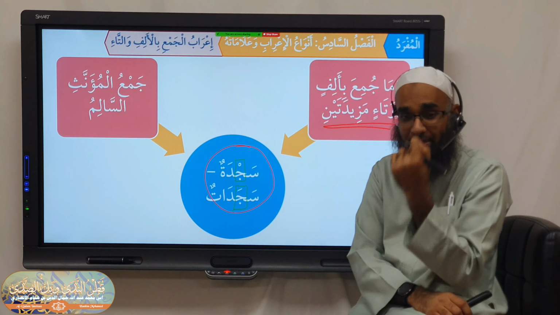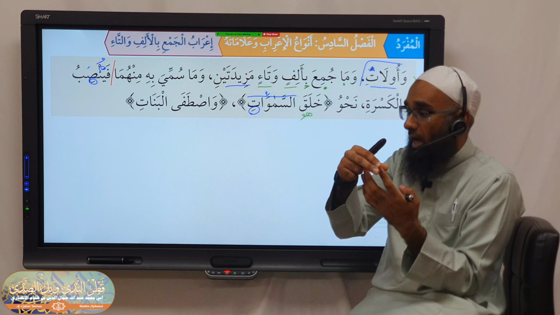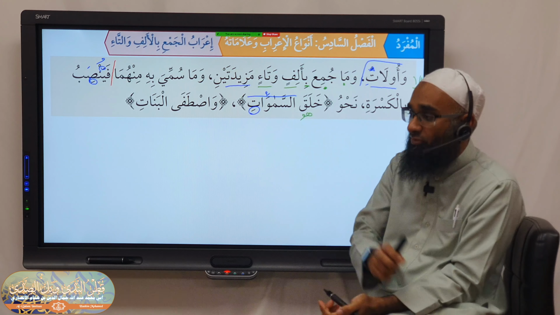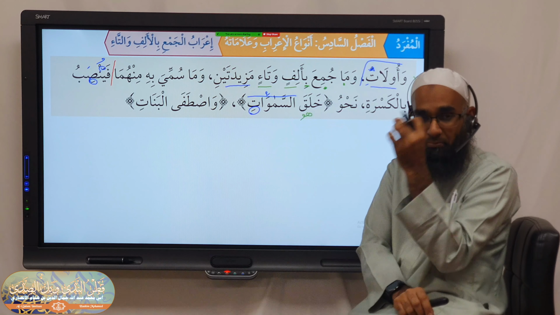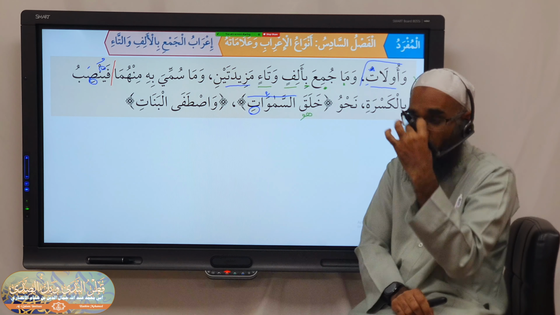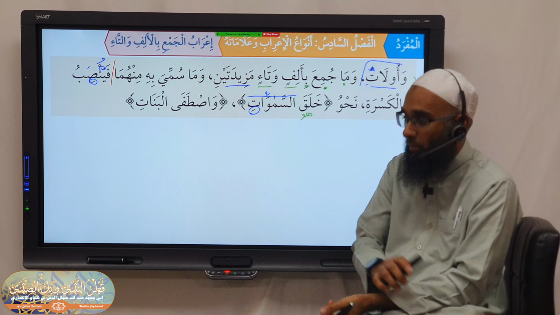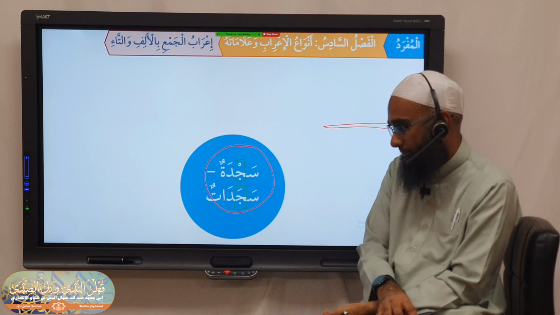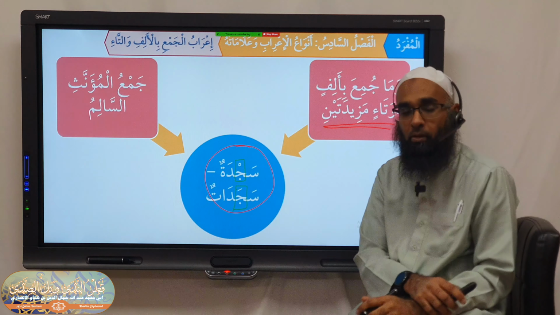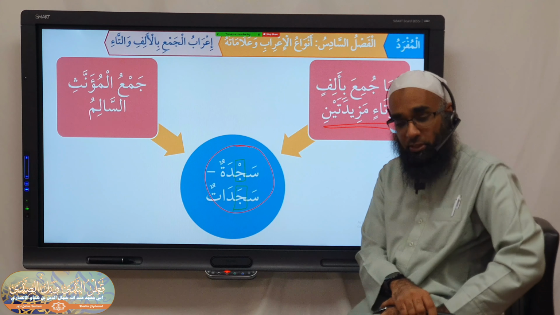Even if somebody is named using a singular thing, singular place, singular name, singular person, named using at the end, it will have the same rule. And the word ulat. So these three, the word ulat specifically, anything named with an alif ta at the end, and anything made plural by adding alif ta at the end, is made marfu with a dhamma, mansoob with a kasra, which is extraordinary, and majroor with a kasra as normal. Do you understand? Everybody following? Yes? Any questions regarding this?